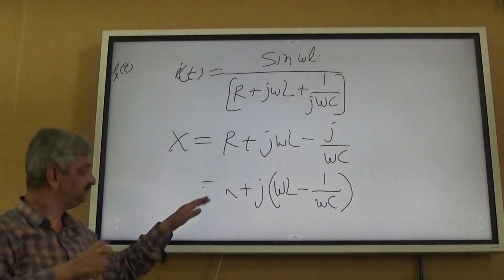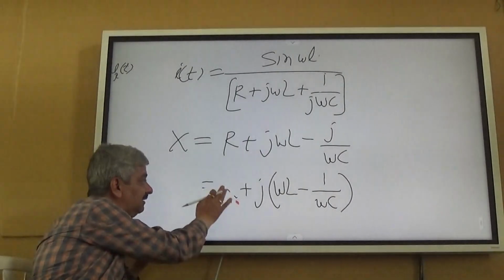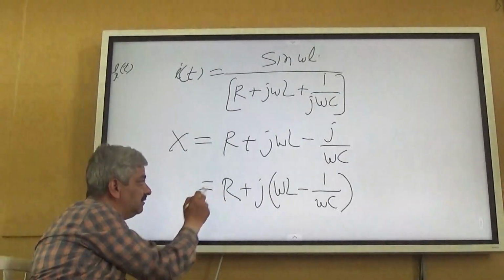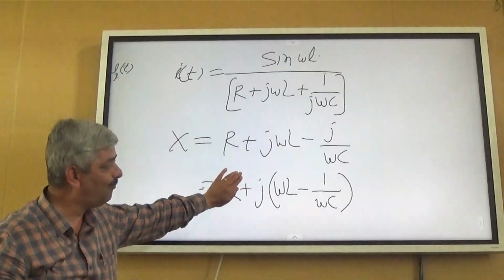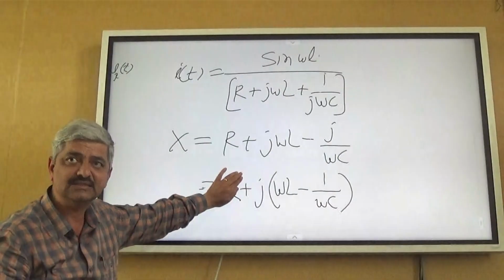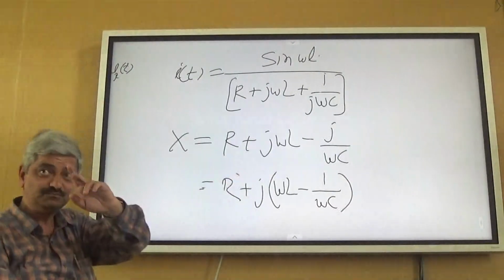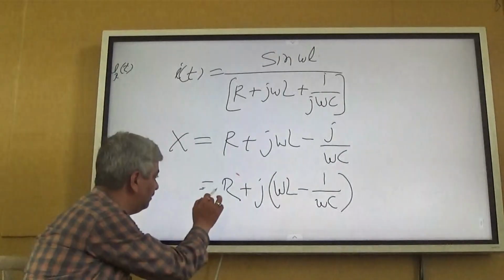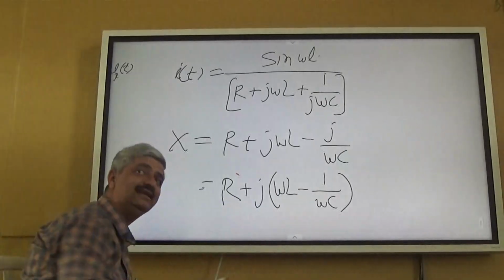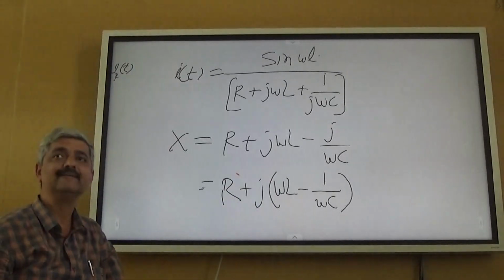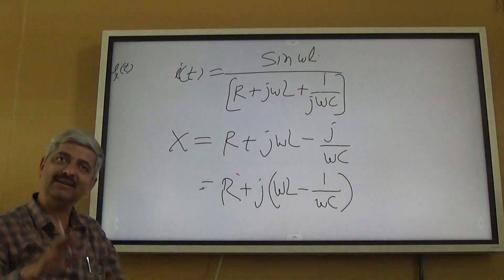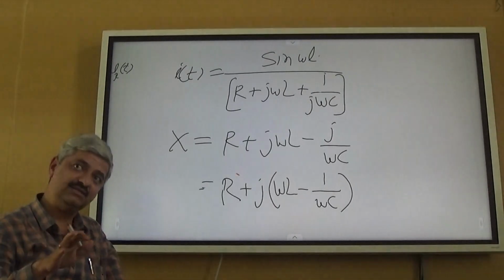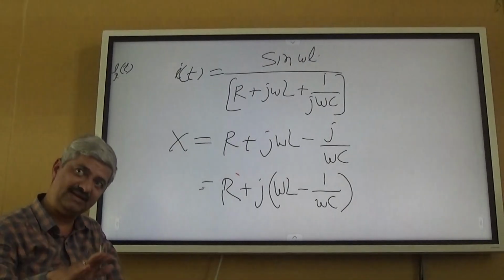So if we have only LC, then it is j omega L minus 1 upon omega C. So depending upon frequency, if we are having R, L and C, then it is complex and the imaginary part will depend upon omega.